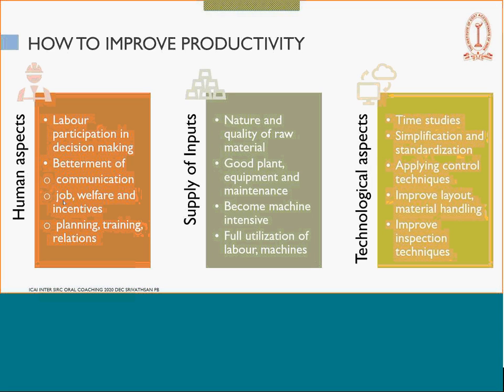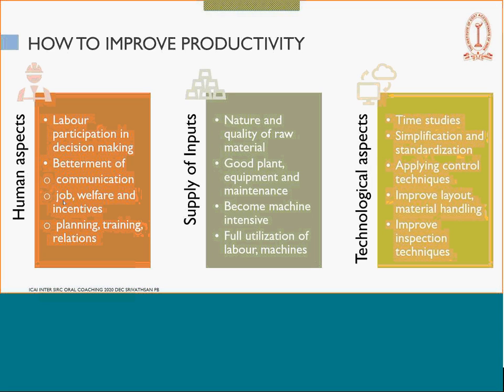And reducing the human component. The more human intervention, the output will not be consistent. Human intervention always has some degree of inconsistency. To do better tomorrow, they may miss one or two units.